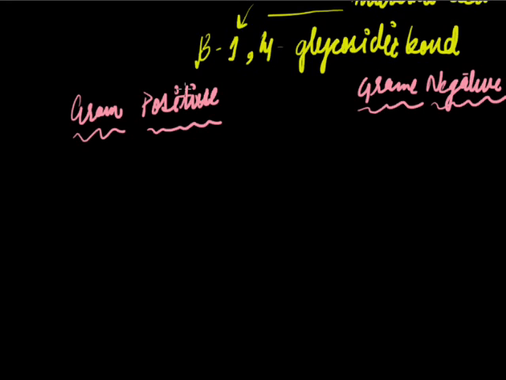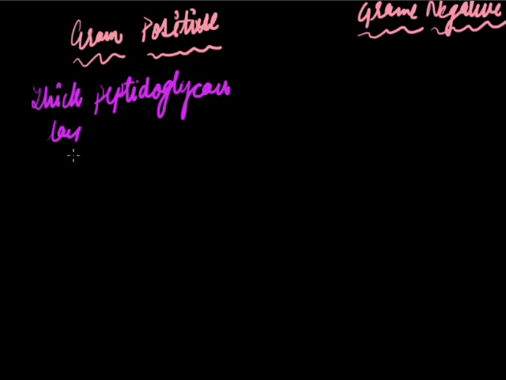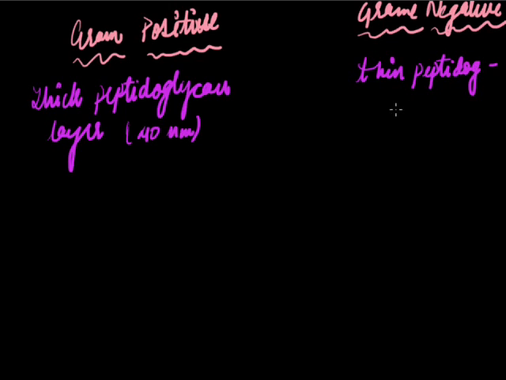In gram-positive bacteria, the cell wall has a thick peptidoglycan layer, about 40 nanometer. But in gram-negative bacteria, the peptidoglycan layer is thin, approximately 2 nanometer in thickness.